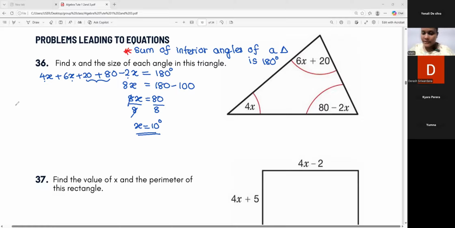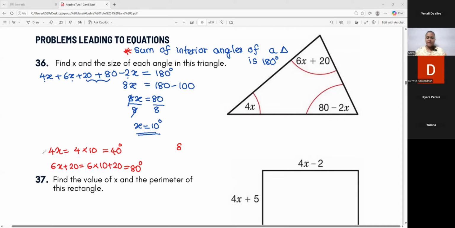Then they asked to write each angle. So first I'll write what is 4x. 4x is 4 into 10, 40 degrees. Then 6x plus 20: 6 into 10 plus 20, 60 plus 20 is 80 degrees.